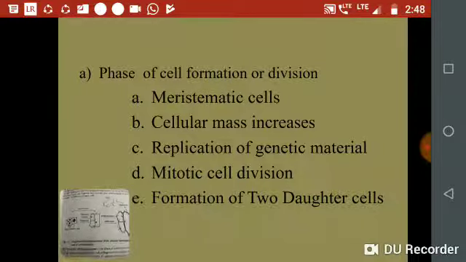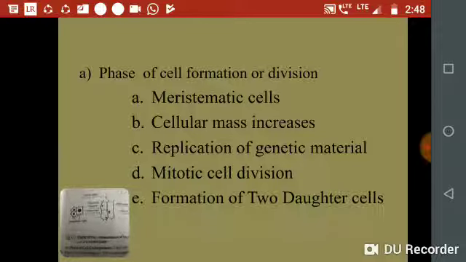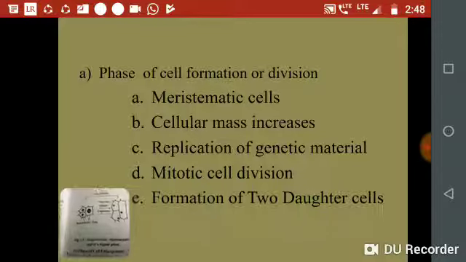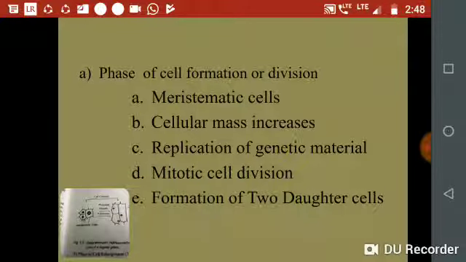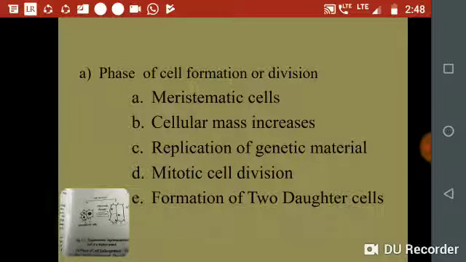In every cell, the growth takes place with these three stages or phases. Every cell responsible for growth must pass through all these three phases.